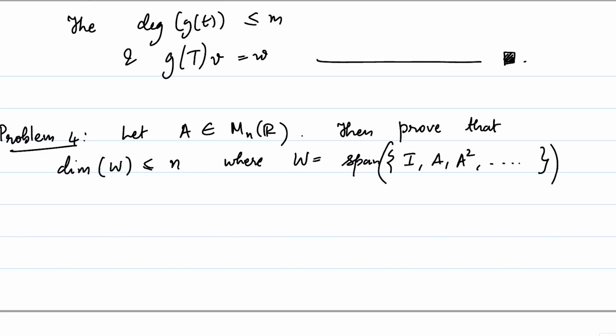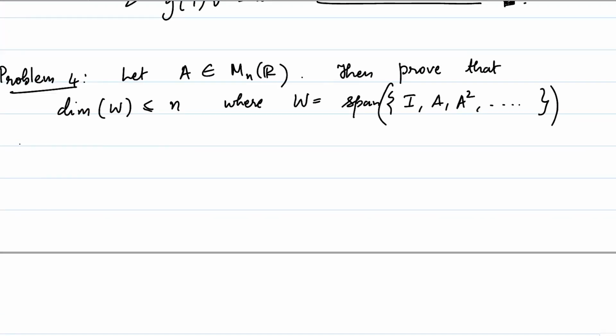Then we will be able to say that the dimension of W is less than or equal to n. Well, that's quite straightforward. If we have the power of the Cayley-Hamilton theorem, this is quite nice.